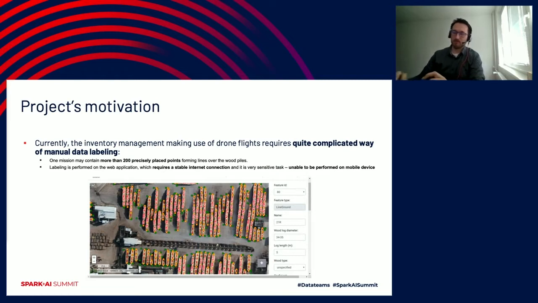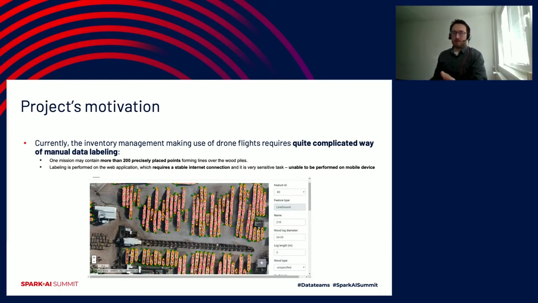But the very important key aspect is that the wood needs to be identified very precisely by a human expert. As you can imagine, this is quite a time-consuming task. The human expert needs to place more than 200 different points and several coefficients there.